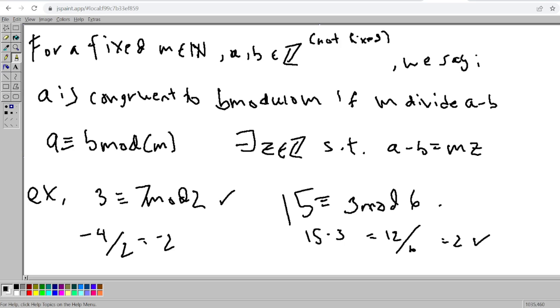It has some divisibility rules. It's good for dividing and for making subsets of integers specifically. And we say m is the modulus for it.